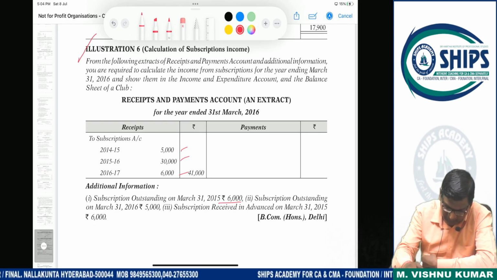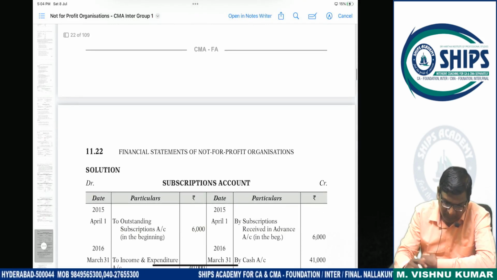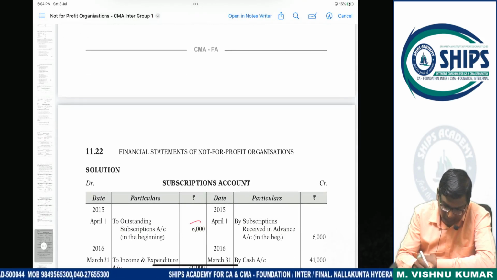Received in advance 6,000. We have to prepare the subscription account. On the debit side, opening balance 6,000.